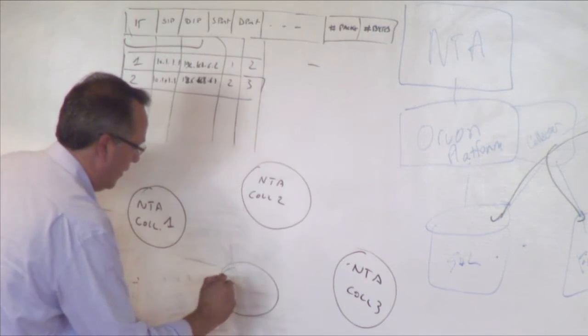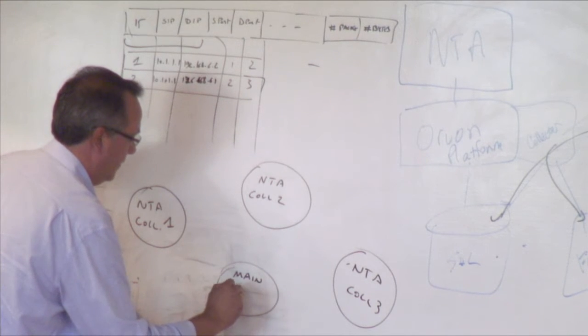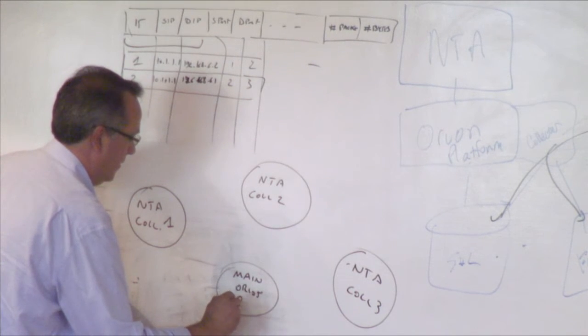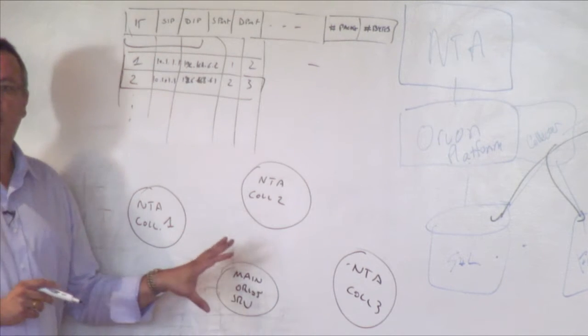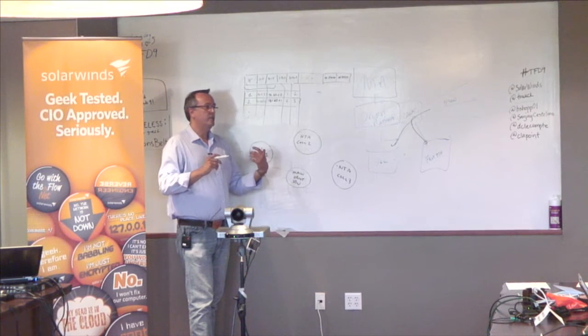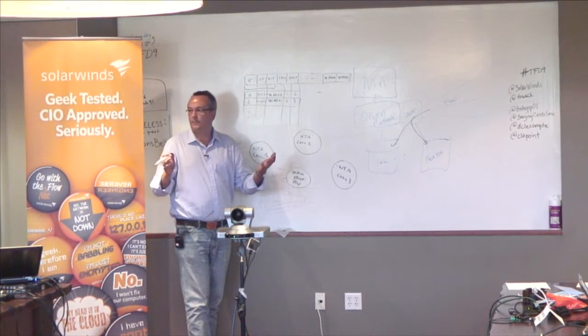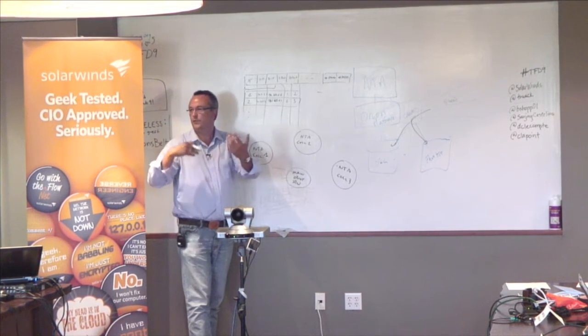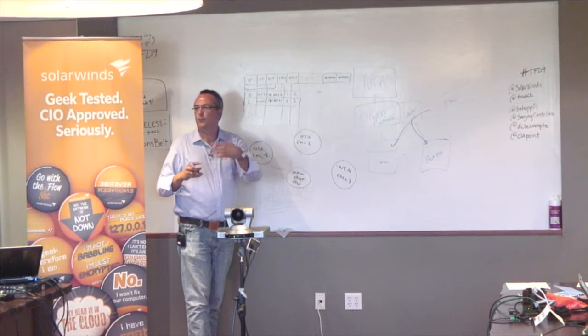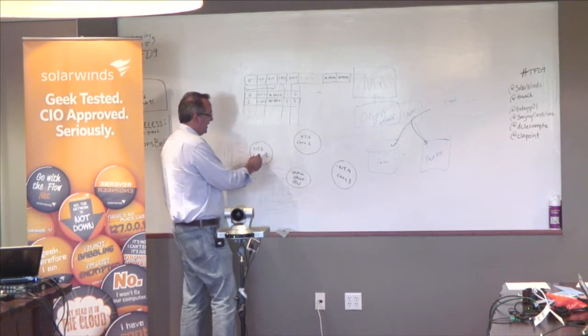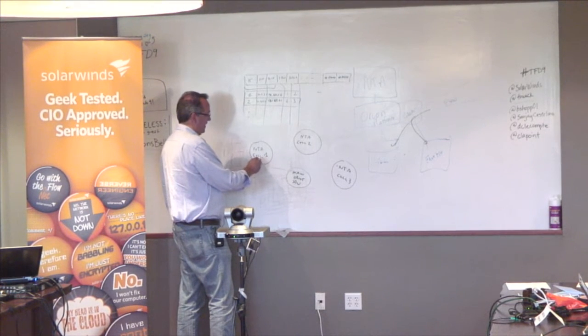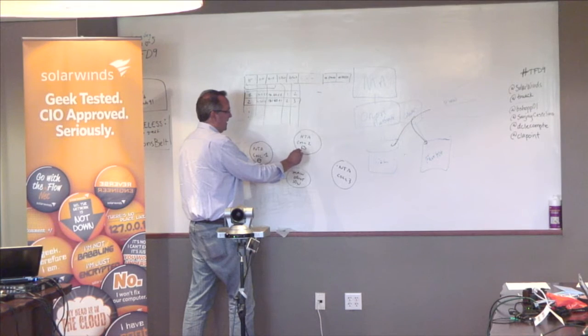And then have what I will call the main Orion server. The idea is that the main Orion server is your location of truth for all the configuration data. So that's where you go to know the list of nodes, how those nodes are configured, and what credentials to use. But the data collected by NetFlow stays at each of the NTA collectors.